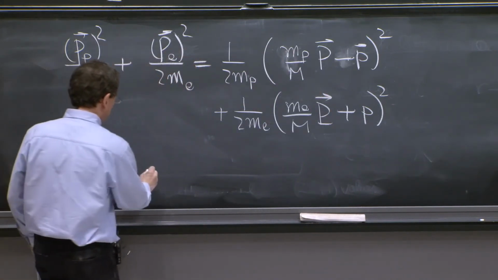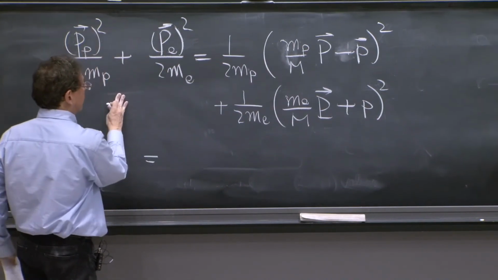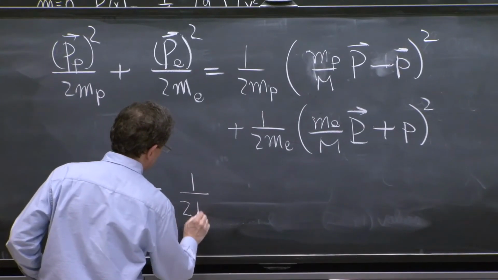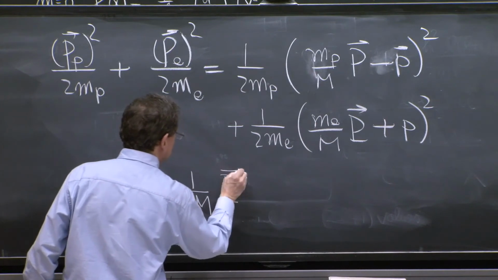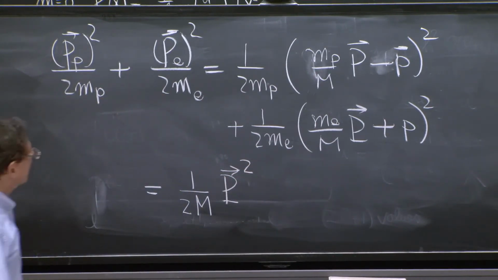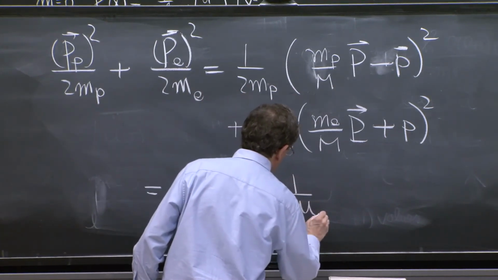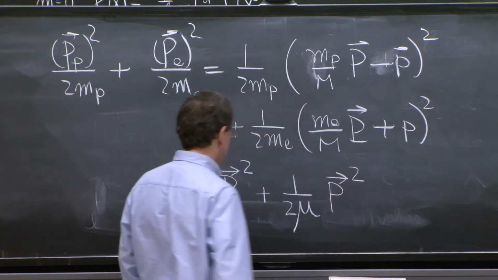So at the end of this little calculation that takes a couple of lines, you get 1 over 2 capital M, total center of mass momentum squared, plus 1 over 2 mu, little momentum squared.